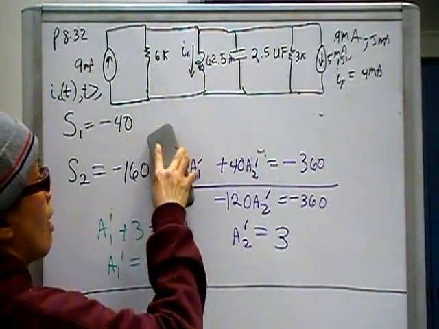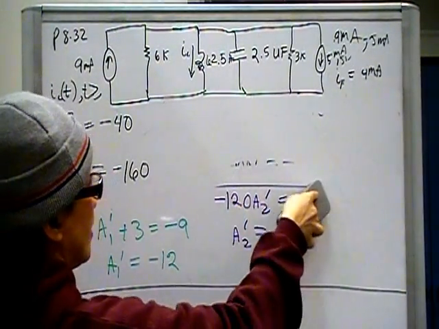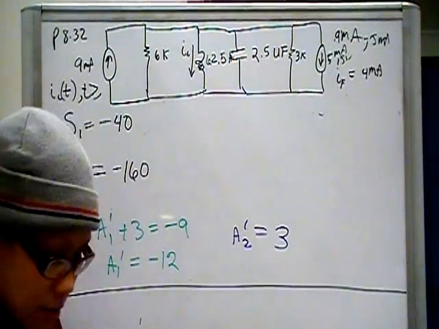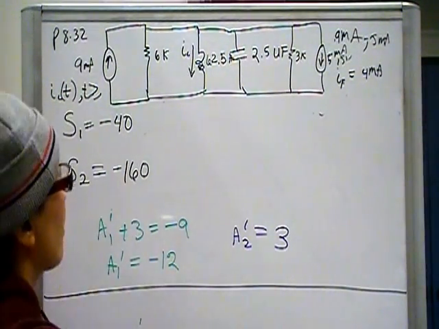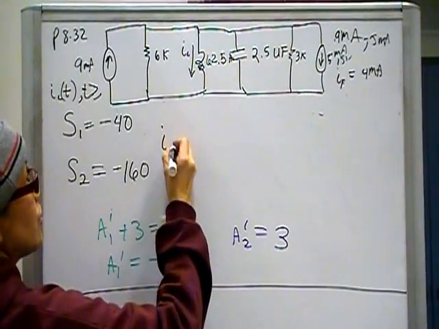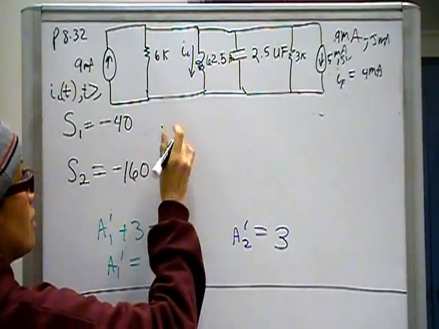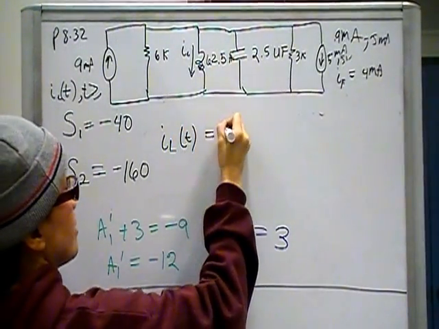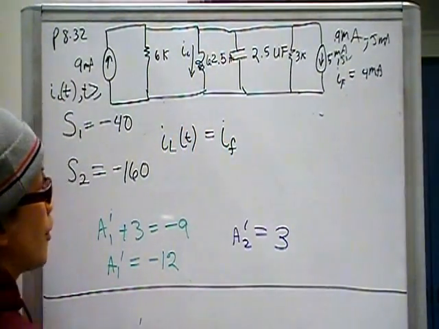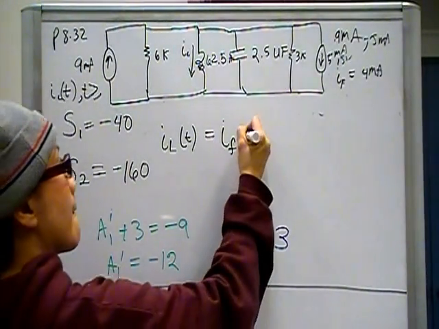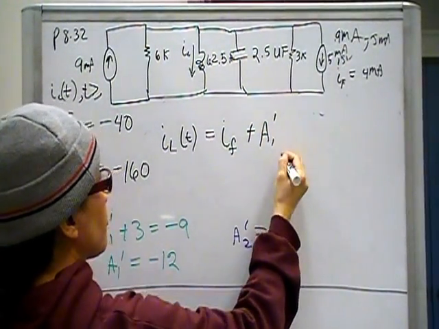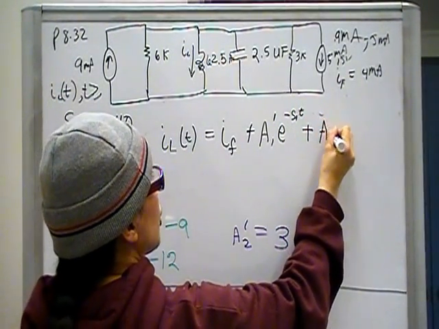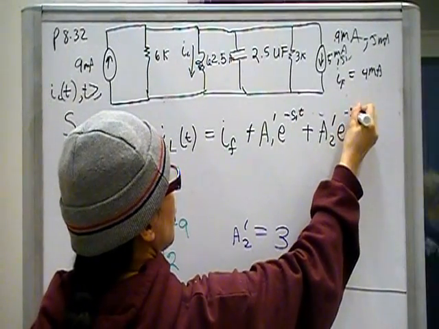The final general equation for inductor current through this circuit is I final, the current through the inductor in its steady state, plus A1 prime e to the minus S1 t plus A2 prime e to the minus S2 t.